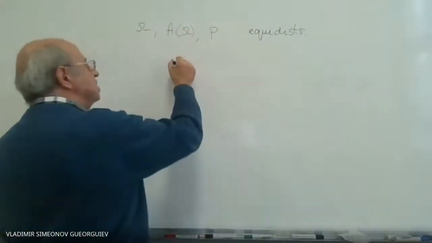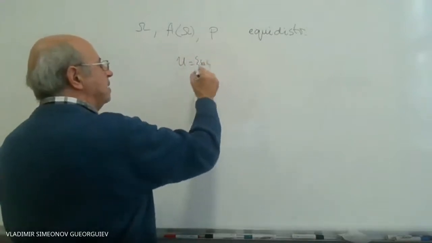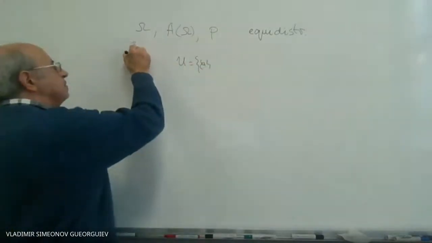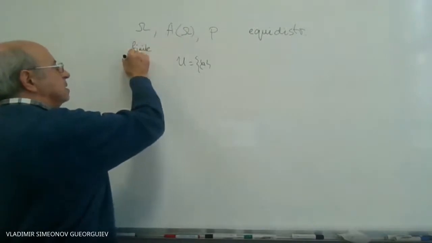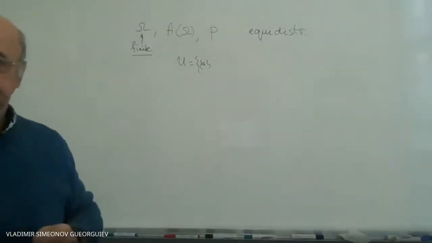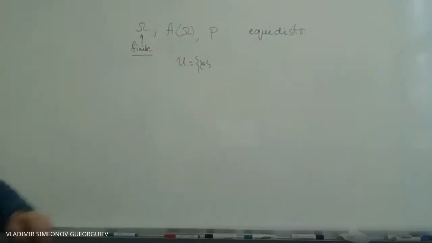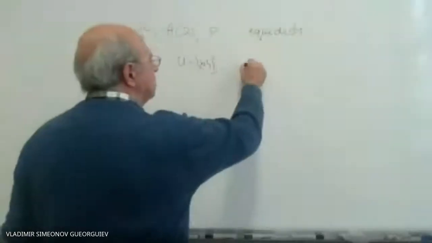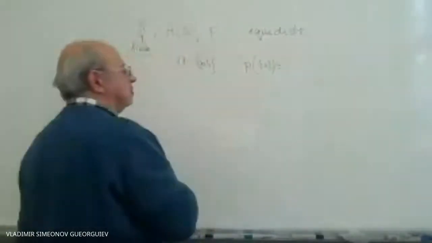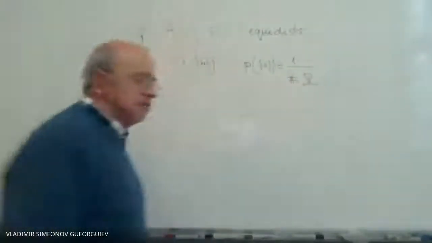What does it mean? If you take a set that is formed by only one element, of course, we are speaking about finite omega, and in this case, we speak about the discrete setting. Always when you take one such set, the probability of this one set is, independently of our choice of this element, 1 over the number of elements of omega.